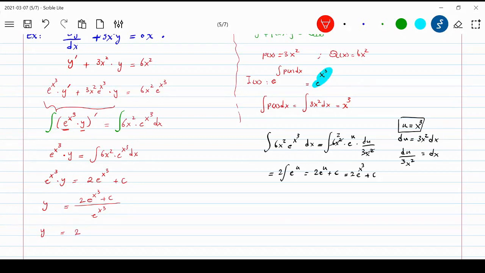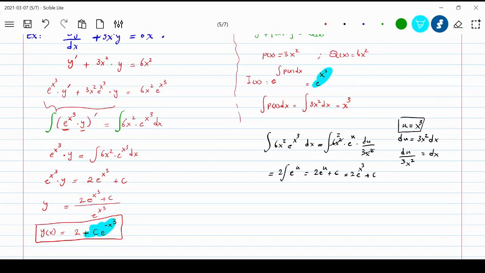These two can cancel out, you'll get 2 plus c divided by that, which could be written as c e to the power negative x cubed. So we found this as our solution for the function y of x. At the end, maybe you can write that.